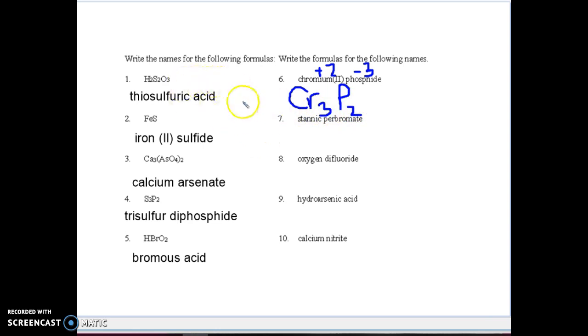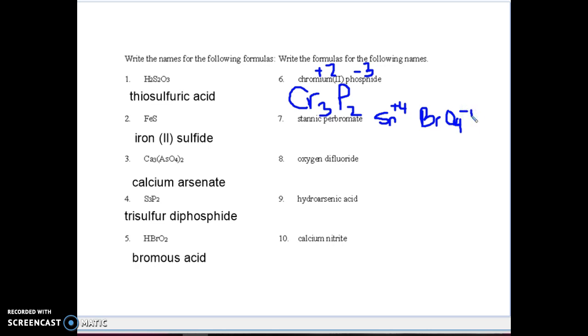Number 7, stannic perbromate. Stannic is Sn, and it's got a +4 charge. Perbromate, you're actually looking up exactly that on your yellow sheet. BrO4, that's a 4 right there, and it has a -1 charge.